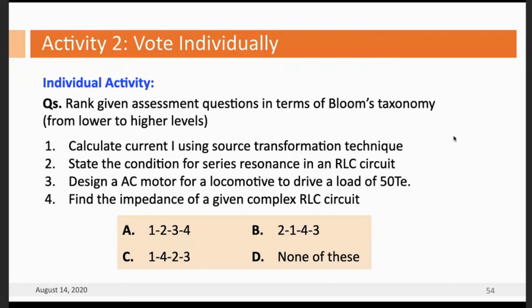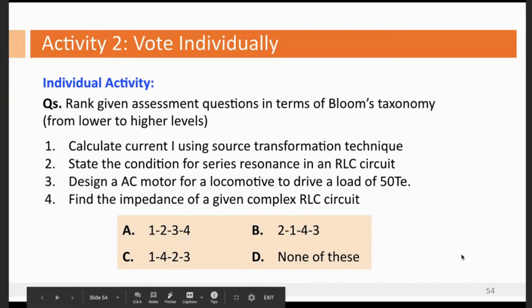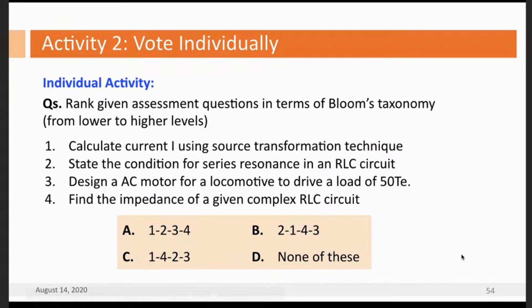Someone is saying, okay, so given a sequence 1, 2, 3, 4. I'm not stretching much on this, but I'll give you the correct answer. The correct answer is 2, 1, 4, 3. So the question was based on Bloom's taxonomy. Bloom has devised a level of cognition according to which you can sort these questions.